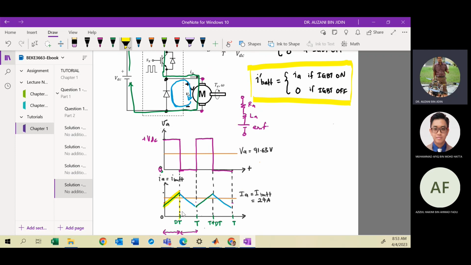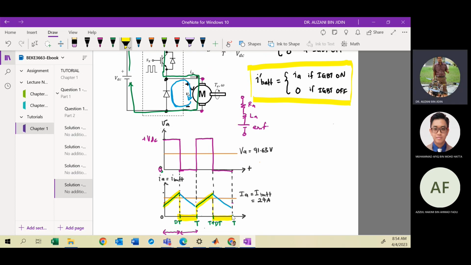But at the output side you have the inductor, LA, armature inductance, so your motor current cannot immediately reduce to 0. So the battery current changes immediately to 0 while the switch is off. Then when the switch is on again, the current jumps to this point, and it will be the same as IA. So the highlighter with yellow color is the battery current.